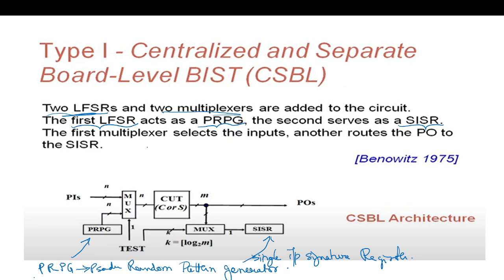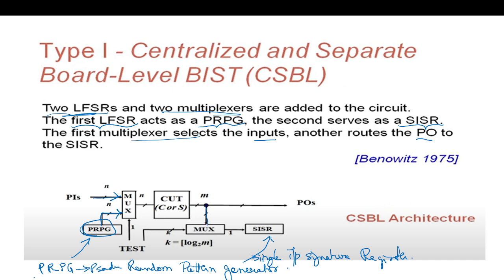The first multiplexer will select between the input and the other one for the primary output. When we want to perform the BIST operation, we can use the multiplexer to select this pattern generator. In normal operation, the primary input will be applied to the circuit.